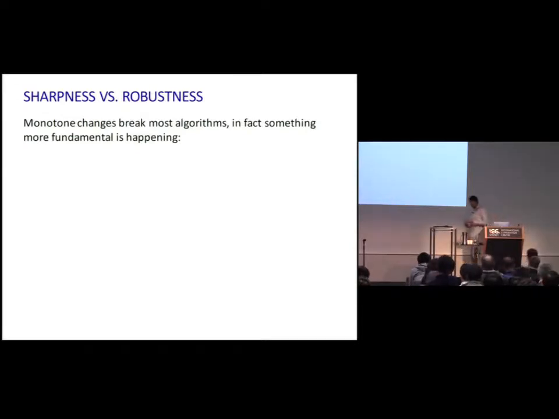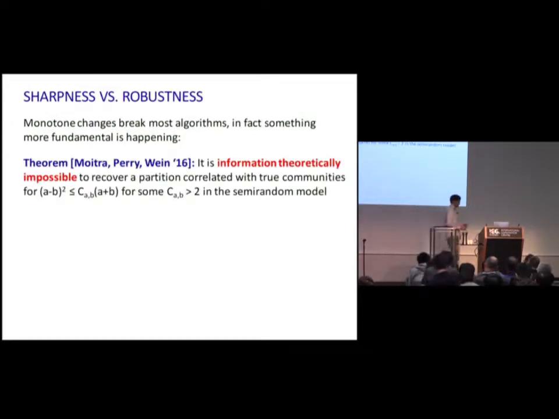But now I can tell you about this actually really interesting and surprising or not surprising fact, that there's an inherent tension between sharpness, getting down to precise information theoretic limits, and robustness of the algorithms that accomplish that task. So it turns out that this is really a fundamental tension: when you allow monotone changes, even though these changes are helpful and they're strengthening ties within a community, and they're breaking ties across it, there's some choice of a monotone adversary that can make the problem information theoretically harder.